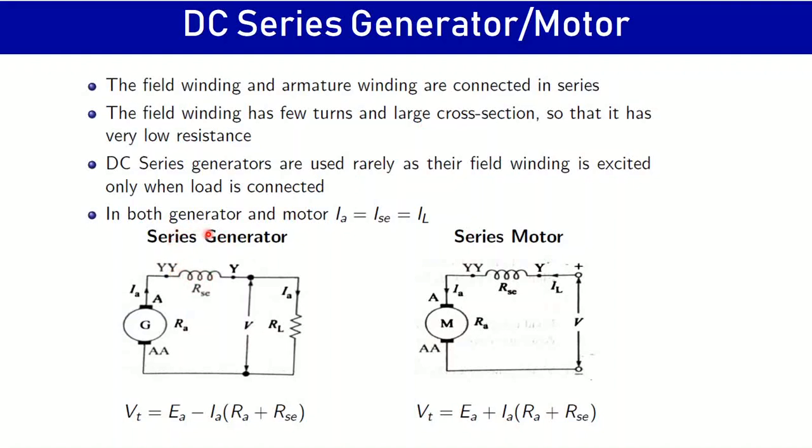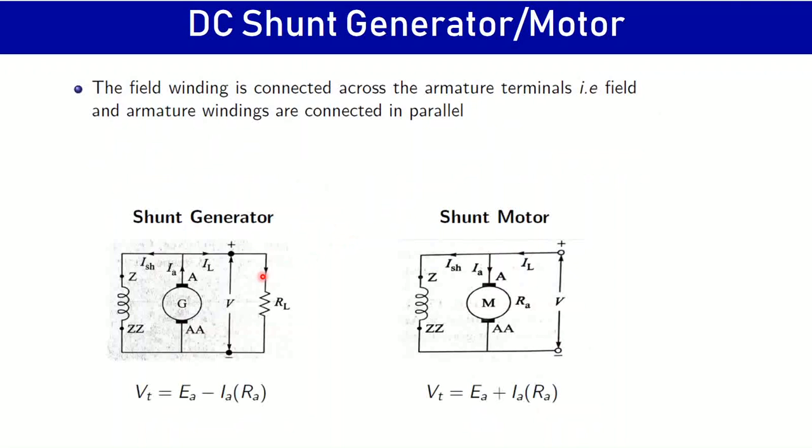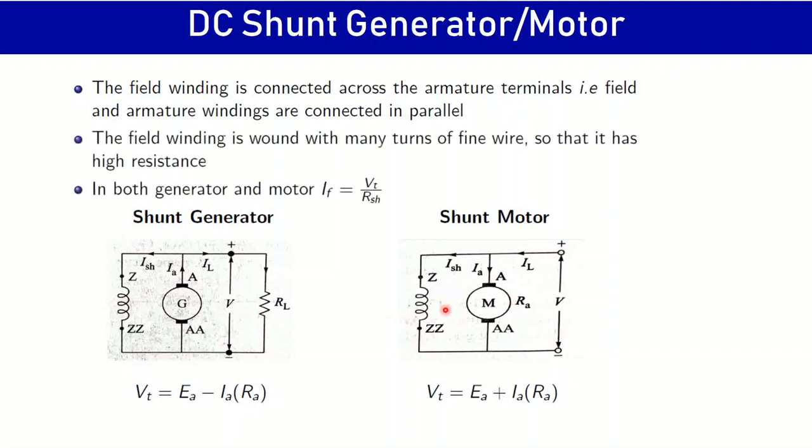So both in the case of motor and generator, because they are in series, the armature current will be equal to the field current. As far as a DC shunt generator or motor is concerned, both the windings are connected in parallel here. The field winding is wound with many turns of fine wire, so the resistance of the shunt winding is high in this case.